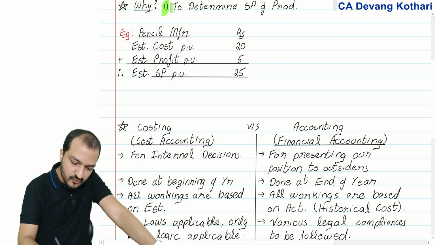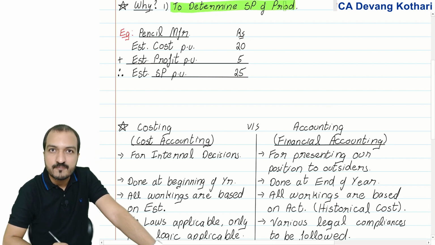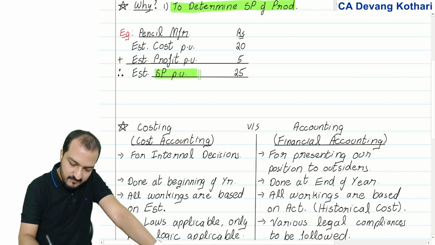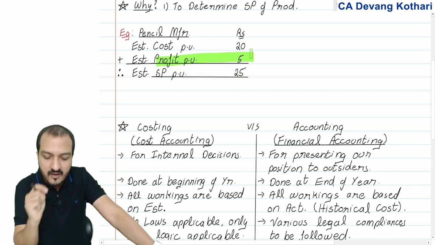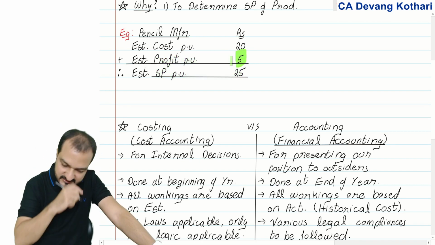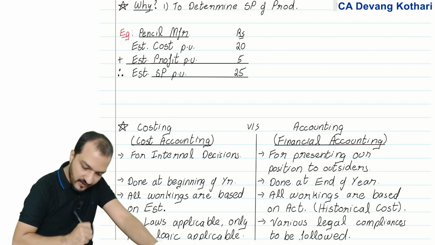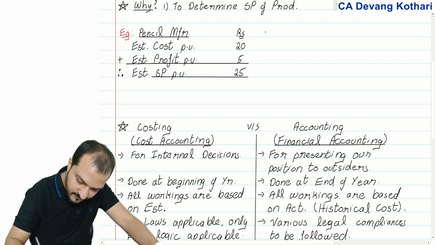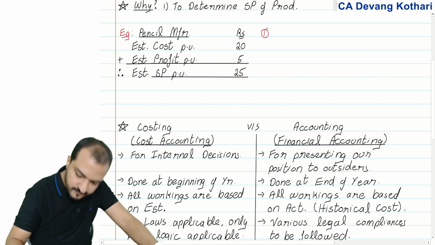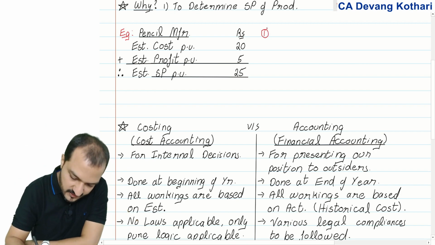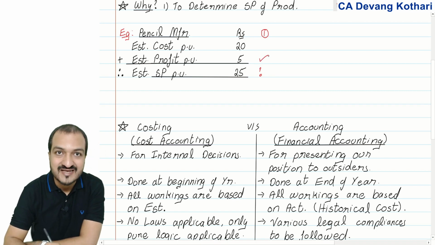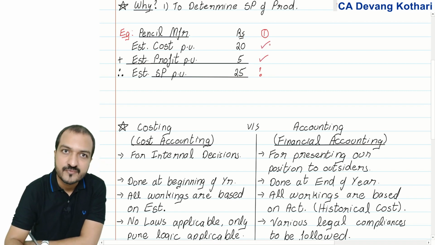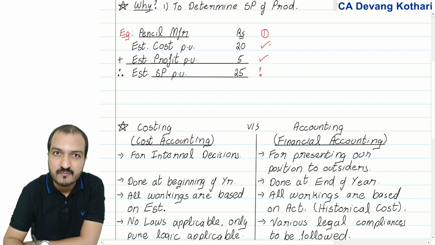One purpose that I give you is to determine selling price of a product, if the profit margin is already fixed. Purpose number one is to determine selling price when the profit is already decided. So you fix the cost, you add the profit, it gives you the selling price.